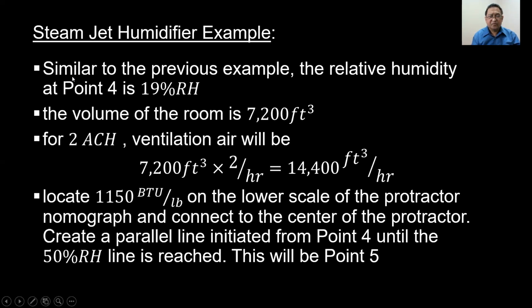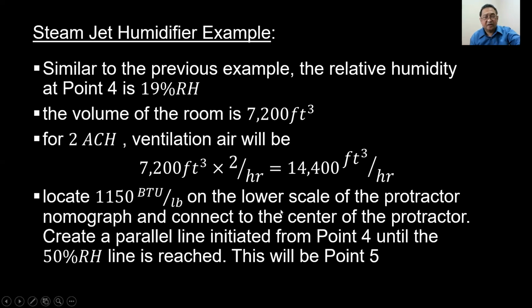And the volume of the room is 7,200 cubic feet for 2 air changes per hour. The ventilation air will be 14,400 cubic feet per hour. So we locate 1,150 BTU per pound on the lower scale of the protractor on the psychrometric chart and connect to the center of the protractor. Then we create a parallel line initiated from 0.4 until the 50% RH line is reached.